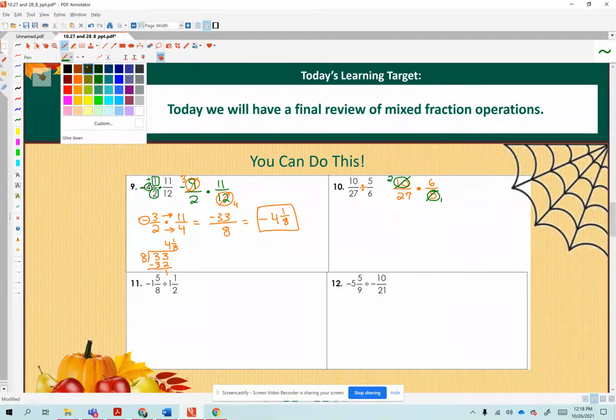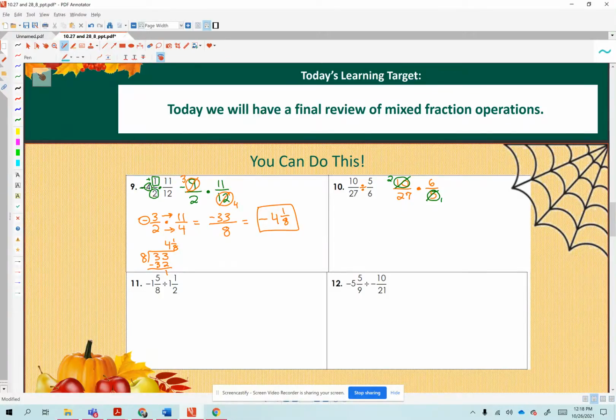I also have an opportunity to simplify with the 27 and the 6, which are both divisible by 3. So 27 divided by 3 is 9, and 6 divided by 3 is 2. So now I can rewrite this whole problem as 2 over 9 times 2 over 1.